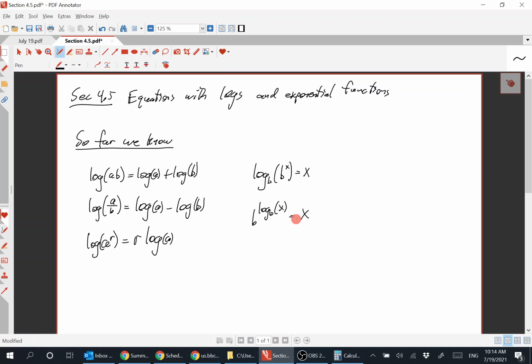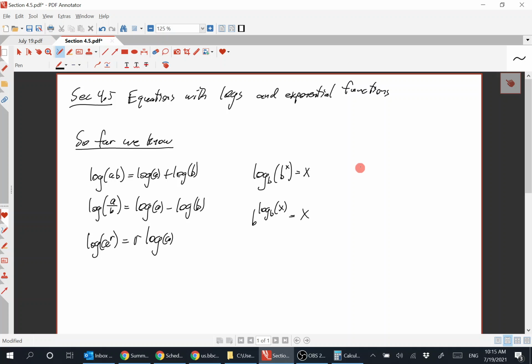Again, this is the notion that the exponential function with base b and the log base b are inverse functions of each other, so they cancel each other out, so to speak. I think those were all of them. Yeah, so far we know these.